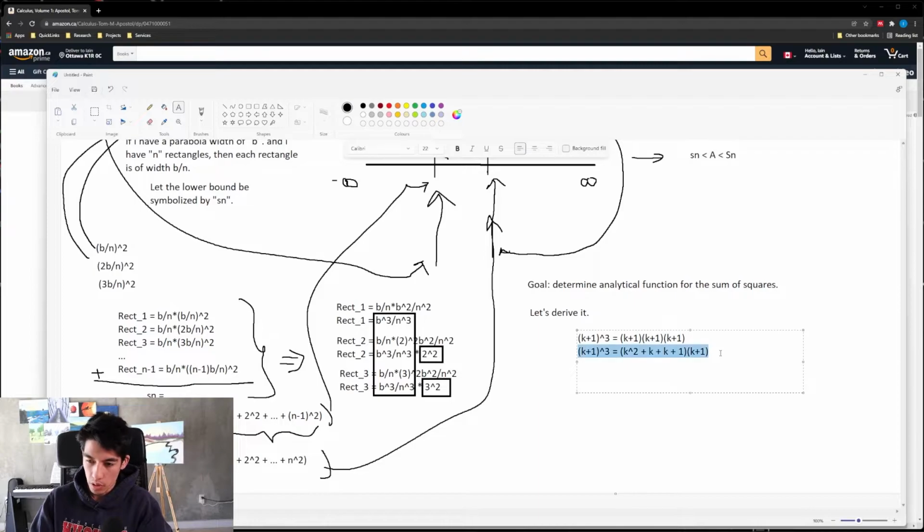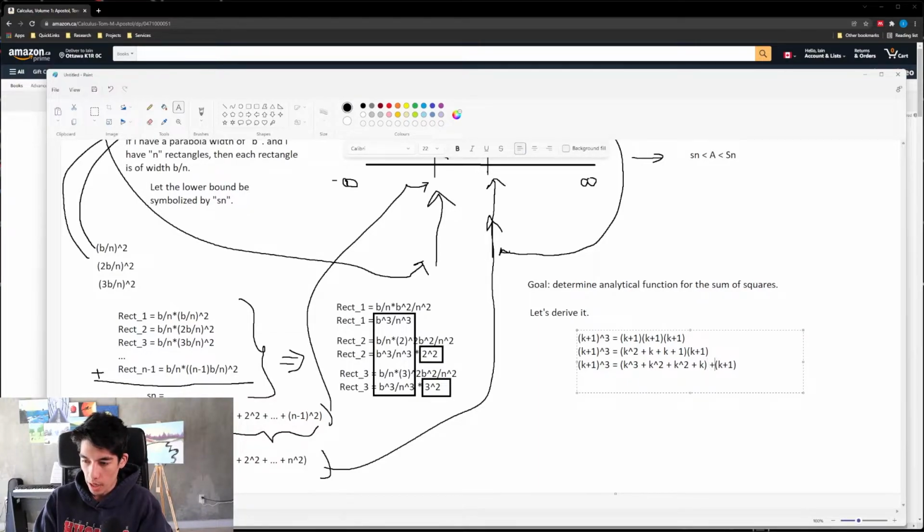And then we do expansion again between these two terms. So k by k squared is k cubed, and then k by k is k squared, k by k is k squared, and then k by 1 is k.